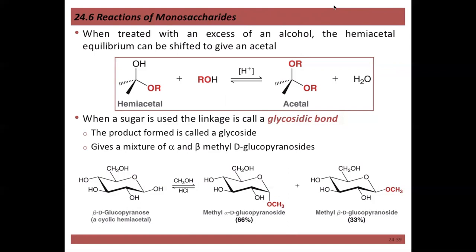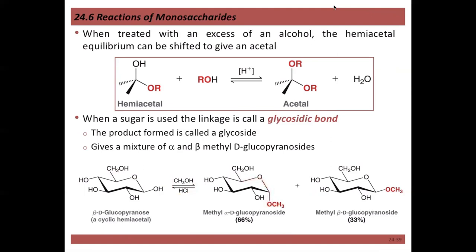Here, we would refer to this as an acetal. Biochemists refer to this as a glycosidic linkage. So in this reaction here, we'll look at the mechanism in just a second, but if you take methanol and a little bit of acid, you actually get a glycosidic or an acetal linkage.